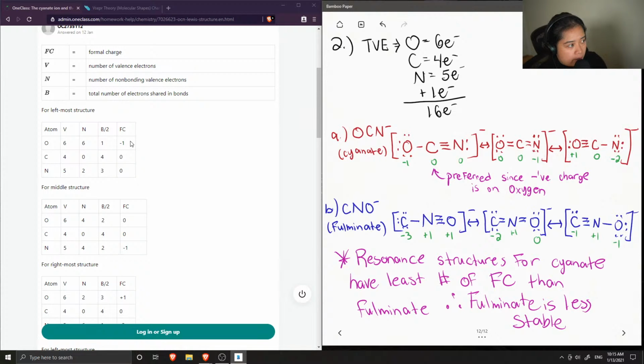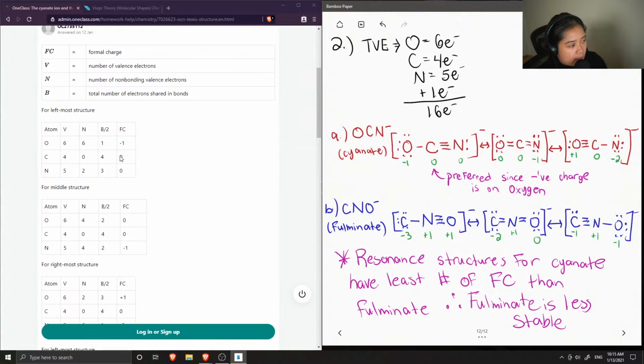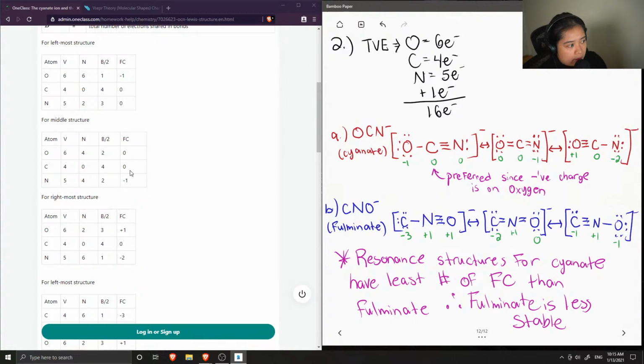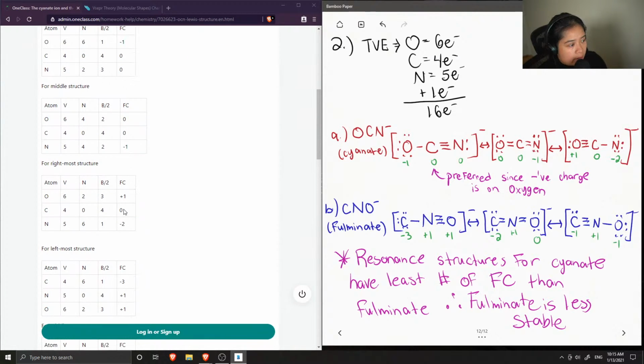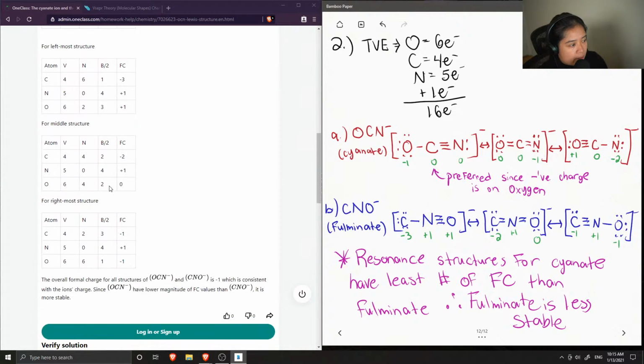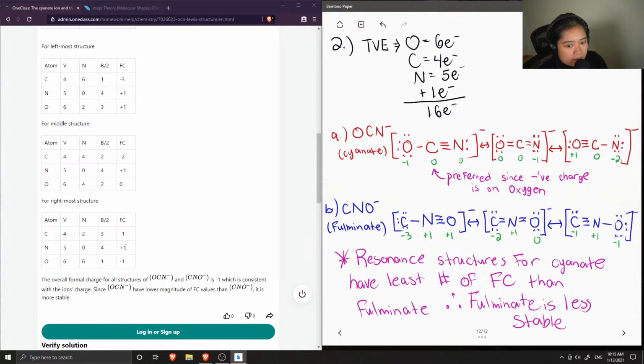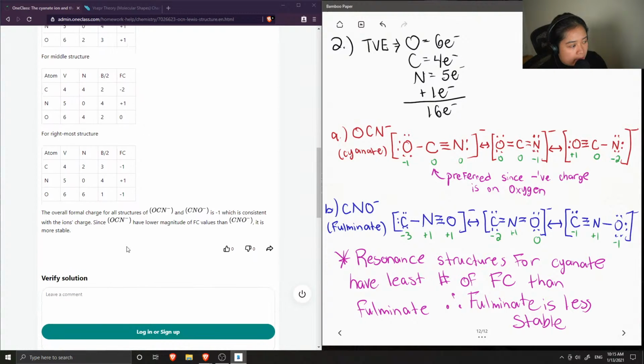They have -1, 0, and 0, or what I'm assuming is cyanate. And then 0, 0, -1, and then +1, 0, and -2. And then I'm assuming this is for the fulminate now. -3, +1, +1, -2, +1, 0, and then -1, +1, and -1.